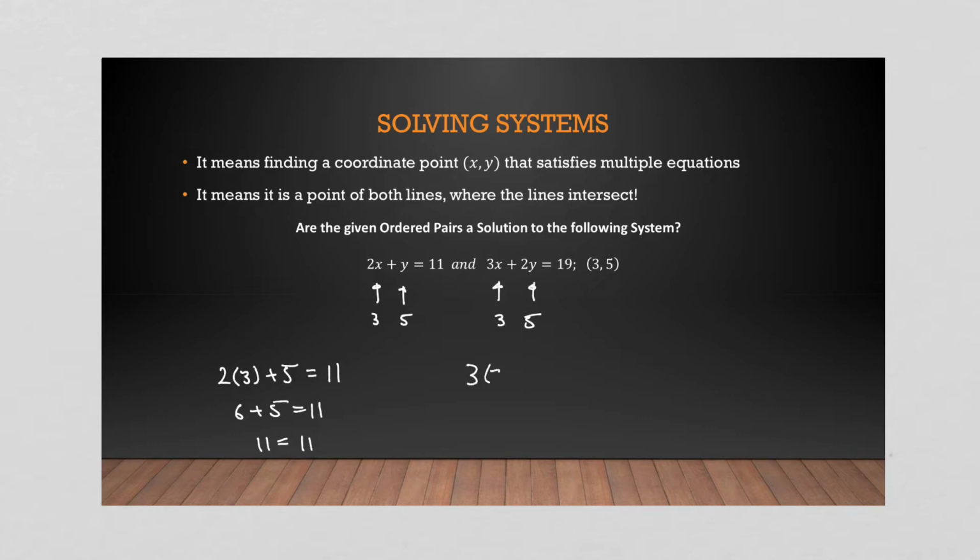So 3 times 3 plus 2 times 5 is 19. Now we get 9 plus 10 equals 19. 19 equals 19. So this is a yes, yes moment, which means this point, (3, 5) on our coordinate grid, is where those 2 lines will cross. That is what we are trying to solve for. That is what it means to be a solution to a system.